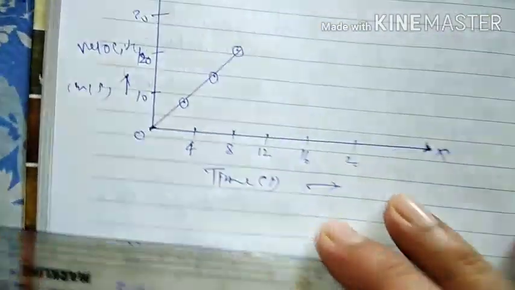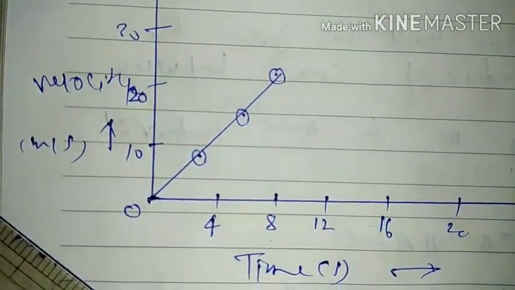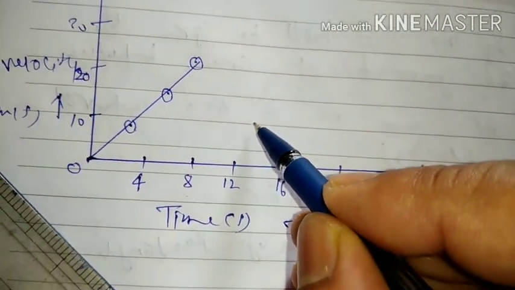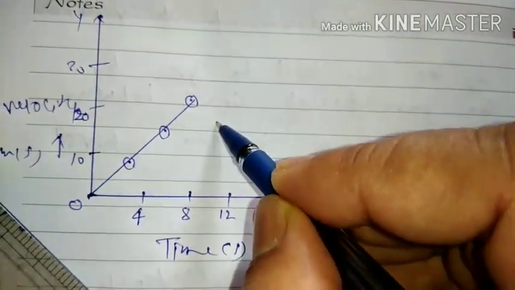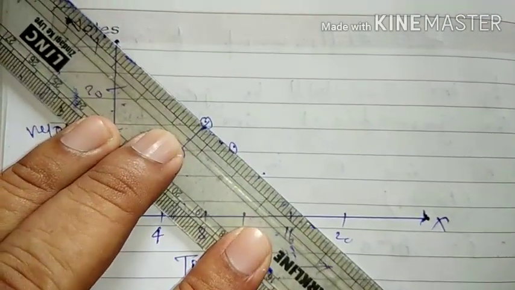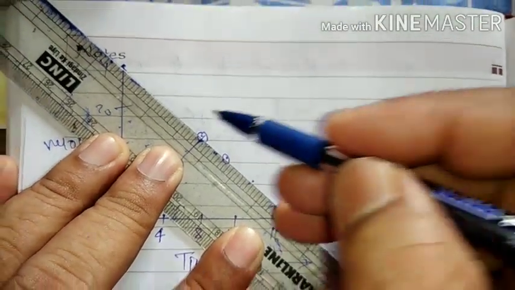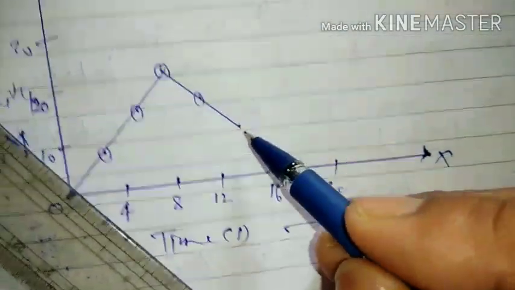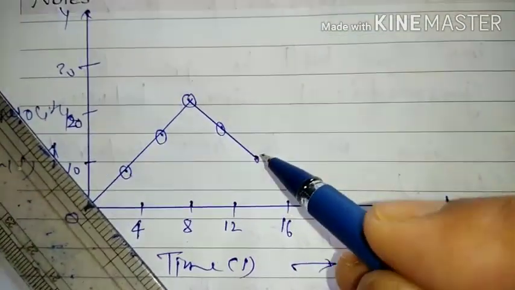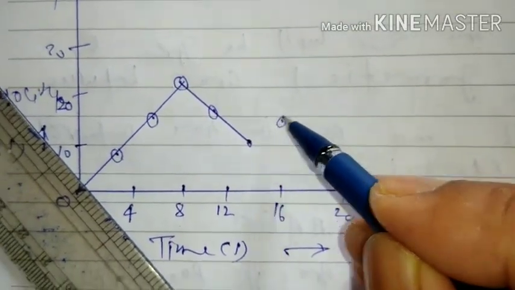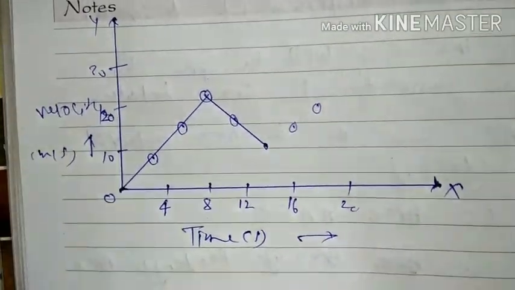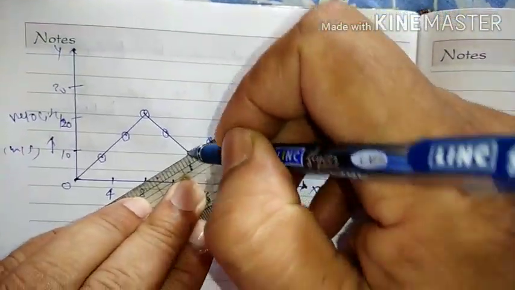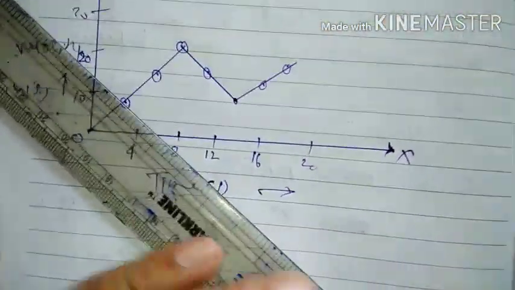But now traffic is not clear and the velocity reduces gradually, and it reduces in such a way. See here, what happens? The velocity of the object reduces after a certain time interval. Now traffic is clear, and once again the velocity of the object is increasing with time. Then once again velocity increases, and this process continues again and again.